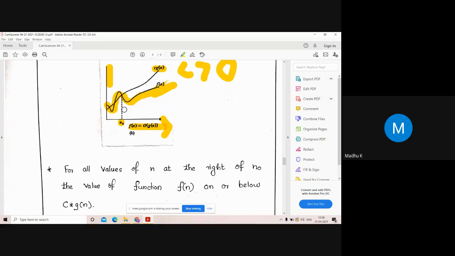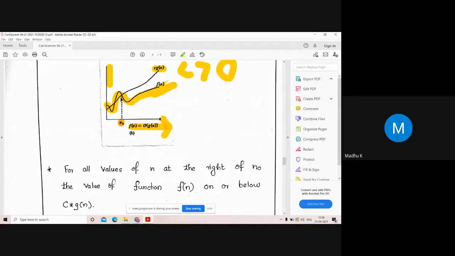So when will we say that f of n is equal to big O of g of n?